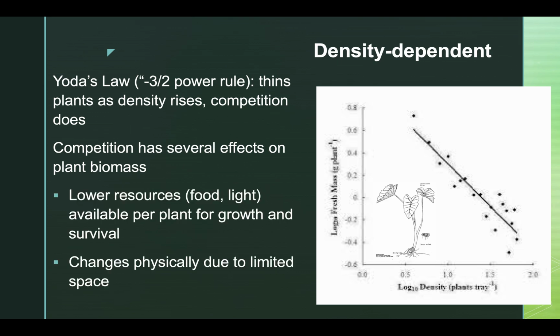There are fewer resources to go around per plant, so more competition for food and light, which are important for growth and survival. There are also physical changes due to limited space. So the more plants there are, the less mass each individual plant can achieve.